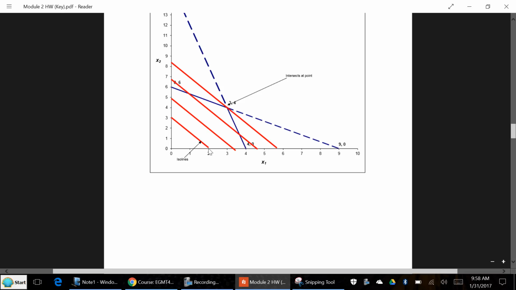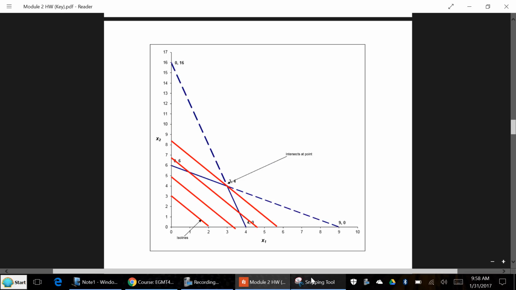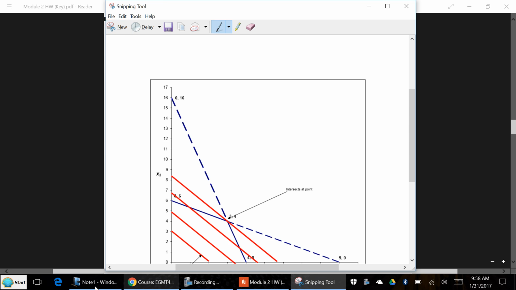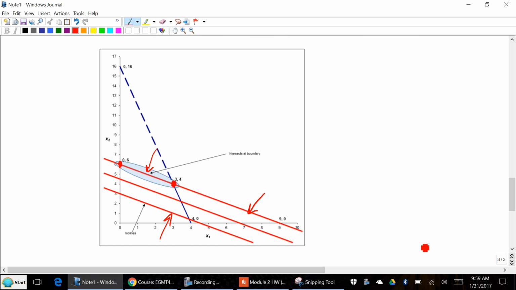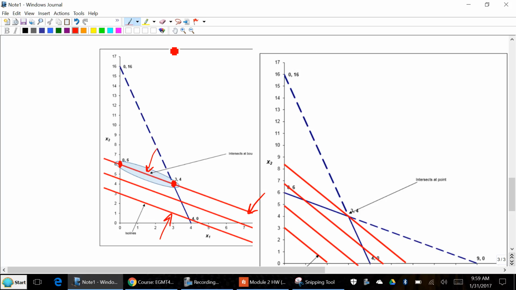And look how this objective function, the slope of this objective function changed. Okay? So let me snip this so I can draw on it. Yeah, I'll put it here. That way I can compare them side by side. Oops.